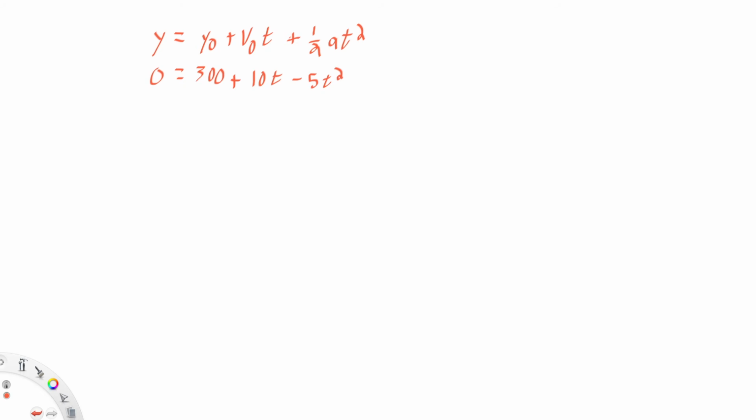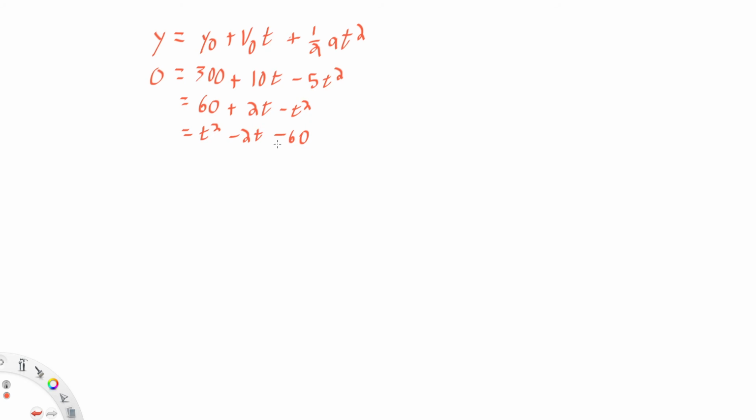We could try to factor it. Start by dividing everything by 5. So we have 0 equals 60 plus 2t minus t squared. Maybe we multiply everything by -1 as well to make it a more standard form. So we get t squared minus 2t minus 60.